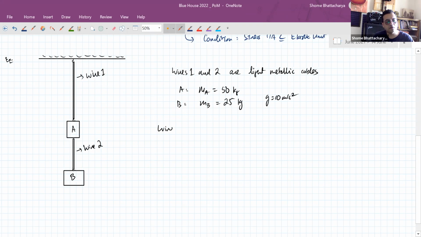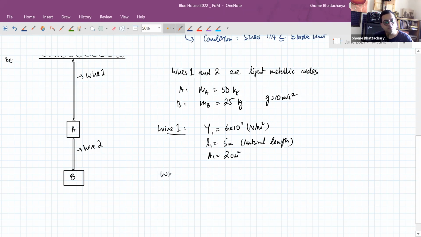Now for wire 1, it is given to us that the Young's modulus of the material is 6 into 10 raised to the power 11 Newton per meter square. The natural length is 5 meters. And the cross-sectional area is 2 centimeters square, whereas for wire 2, the Young's modulus is 2 into 10 raised to the power 11 Newton per meter square.